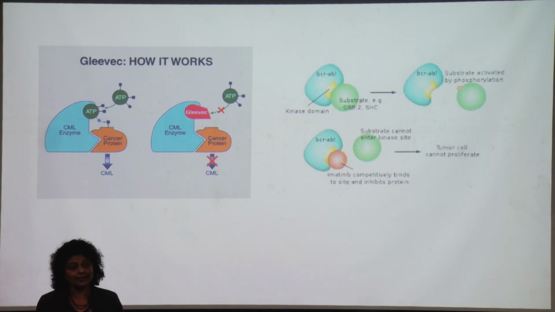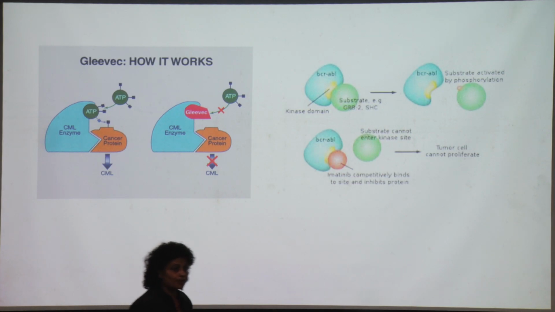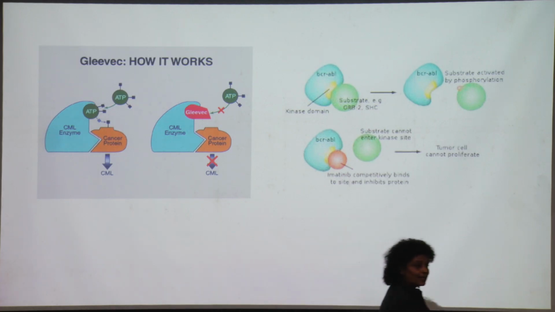In many cases something becomes hyperactive, and if you can design a drug which specifically binds that hyperactive protein, you shut it off. Another story about Gleevec is that it was very effective for BCR-ABL. Many companies made inhibitors that bound even tighter than Gleevec, but they were not very effective in patients.